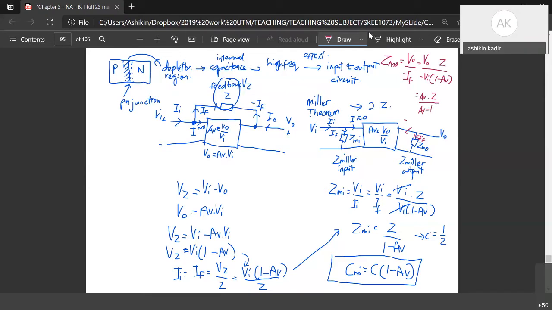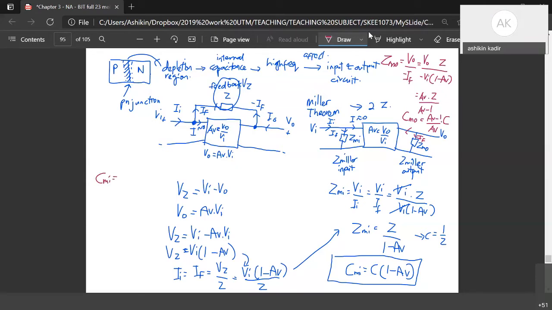Okay. Then you need to determine the C. CMO will be, turn it around, AV minus 1 divided by AV multiplied with Z. So I write it over here.